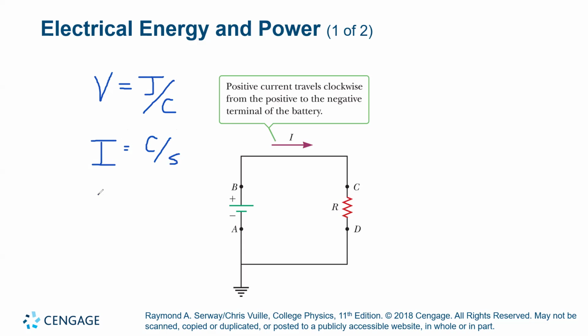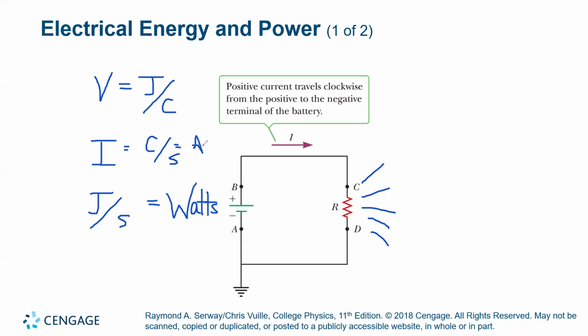So if I wanted to know how much energy is being spent, how much heat or light, everything that we experience in terms of energy, how much of that is coming out of this resistor, I'm going to want to know the joules that are being spent or invested by the battery every second. This is a measure of power, which we measure in watts. Okay, so let's quickly put through our units here.